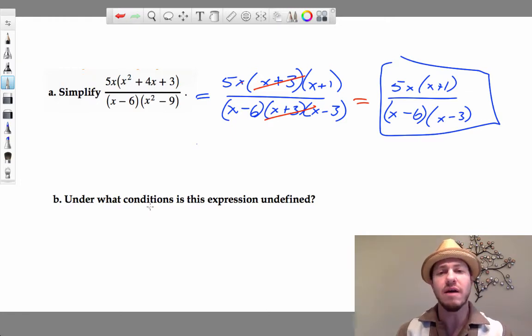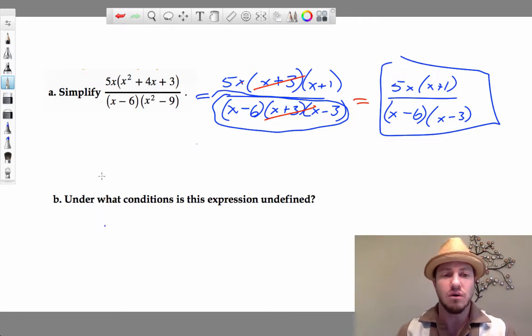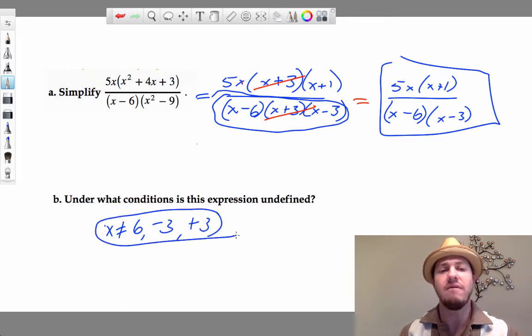So basically what you have to do, take the factored form that we had before we crossed off the common factors, and basically you're solving that polynomial, that denominator, and that's what x is not allowed to equal. So this means that x cannot equal 6, -3, or +3.